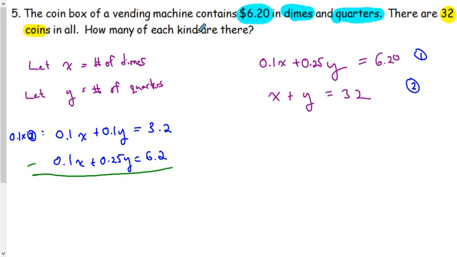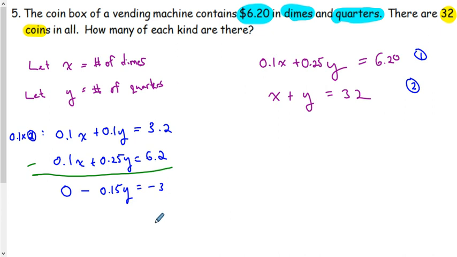If I subtract them, the x's are going to go away. 0.1x minus 0.1x, that's 0. So that's why we did all that. That's what we wanted. 0.1y minus 0.25y. Well, I got to get rid of that plus I just wrote because it's actually going to be minus 0.15y. And what's 3.2 minus 6.2? It's negative 3.